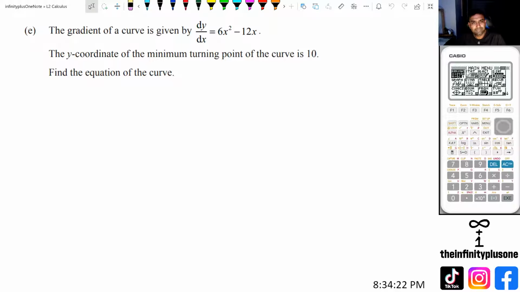Damn, how did you do it so fast? Yeah, x equals 0 or 2. So the minimum would be at 2.